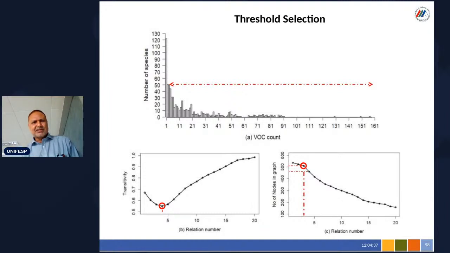Actually, we can see many species that are linked to only one VOC, because our data is not complete, of course. We just collected from published literature. So we initially deleted some of the species from our analysis. We kept those species that are connected to at least 3 VOCs. And as you can see, for some species, a lot of VOCs are connected to them. So they are maybe yeast or some other well-studied species.